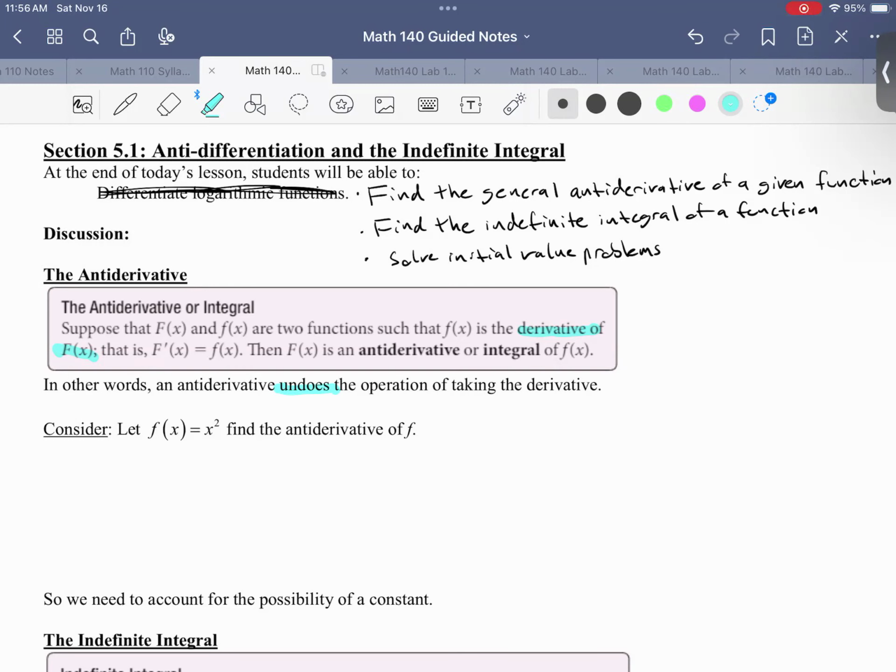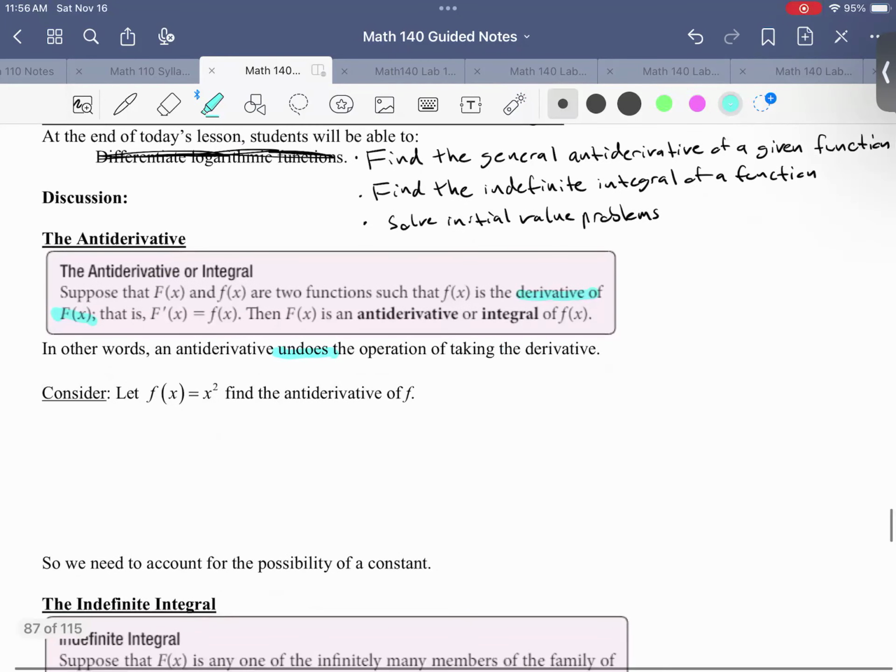So let's look at an example. Consider the function f of x equals x squared, and we want to find the antiderivative of this function.